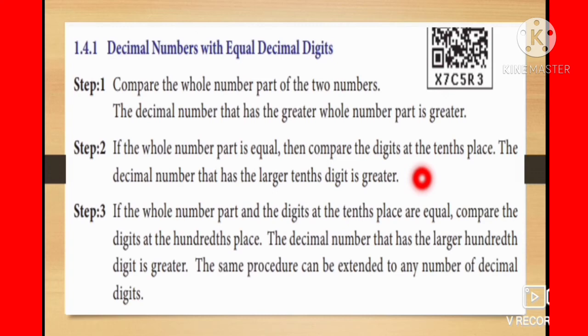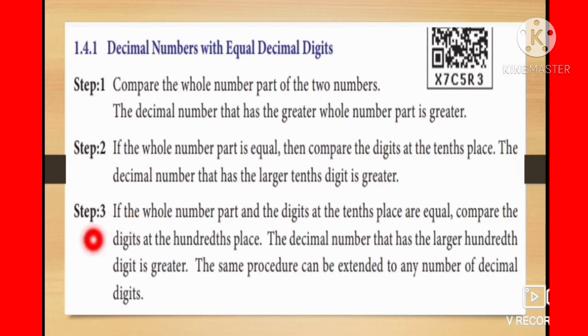So which is greater number? Yes, 3 is greater than 2. So we can easily say that 8.36 is greater than 8.29. So in this case, we can say that the decimal number that has the larger 10th digit is greater.